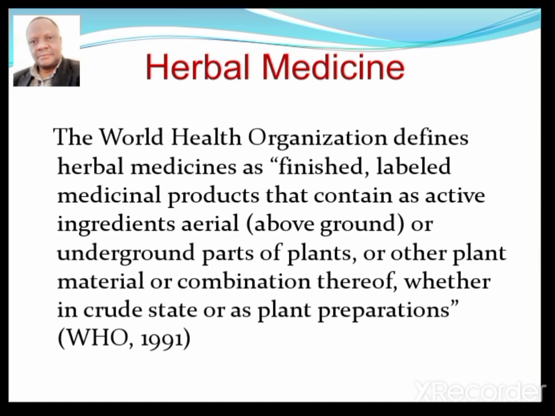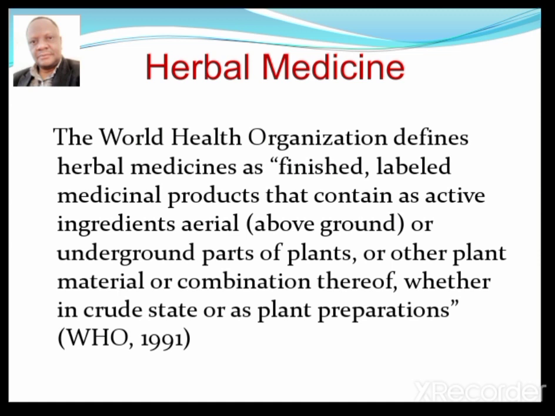Herbal medicine is defined as finished labeled medicinal products that contain as active ingredients aerial, that means above ground, or underground parts of plants or other plant materials or combination thereof, whether in crude state or as plant preparations. That's the WHO definition of what we call herbal medicine.